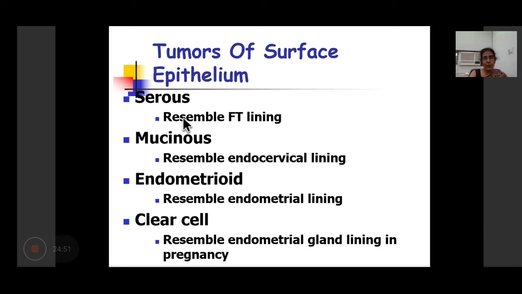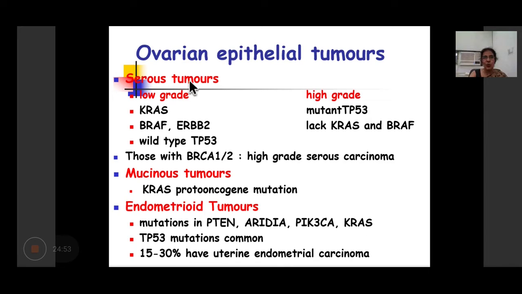Now going one by one, serous tumors of the ovary may be low grade or high grade tumors. It is the high grade tumors which have an aggressive behavior and poor prognosis and are associated with mutation of the TP53 oncogene. While the low grade tumors are associated with KRAS, BRAF and ERBB2 or HER2 mutation, P53 is wild type, it is not mutated.